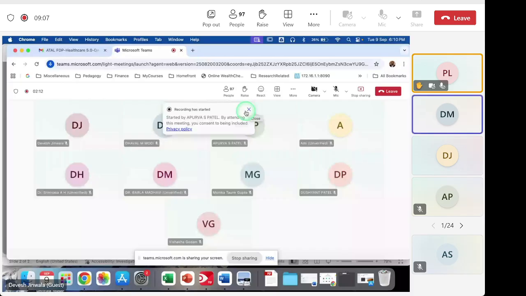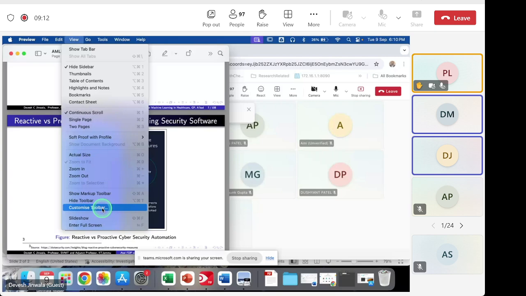Audible, sir. Are you able to see my screen? And slides are also visible, sir. Now I'm changing the slides. Please confirm whether you are able to see the slides being changed or not. Yes, sir, slides are also visible, sir.